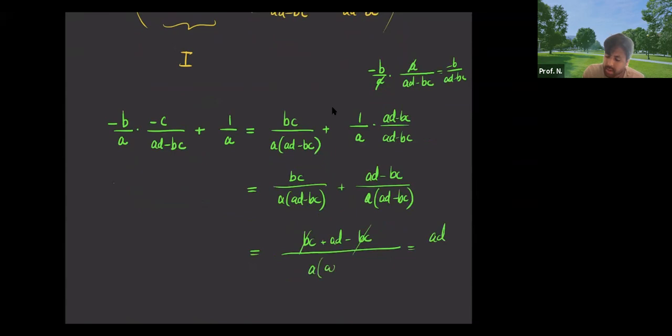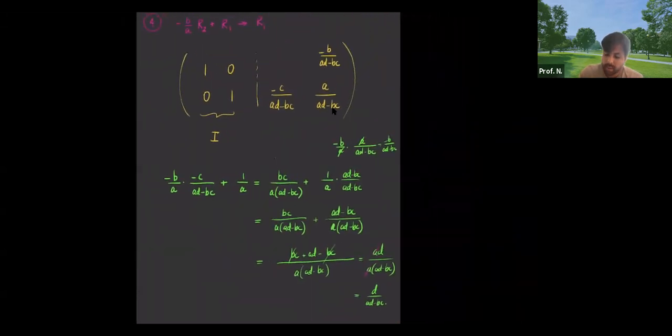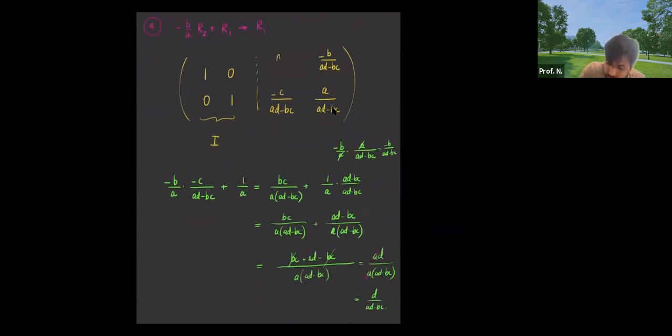This is A times AD minus BC, and this becomes A times AD minus BC. The A's cancel, and I'm left with D over AD minus BC. So all of this algebra that we did was simply done to show that when I take this guy, I multiply by negative B over A, and when I add it to this entry here, the result is D over AD minus BC.